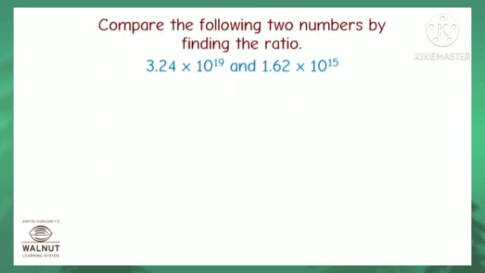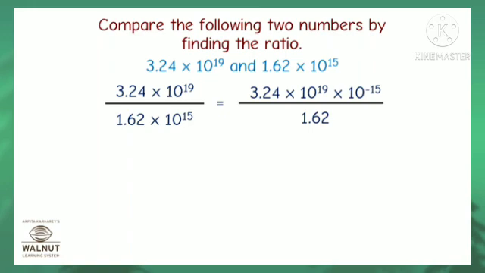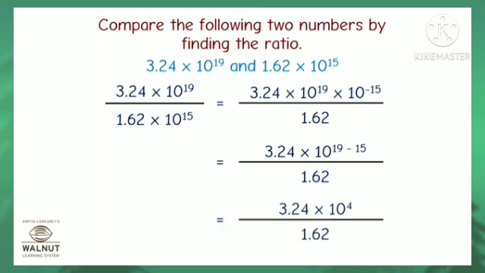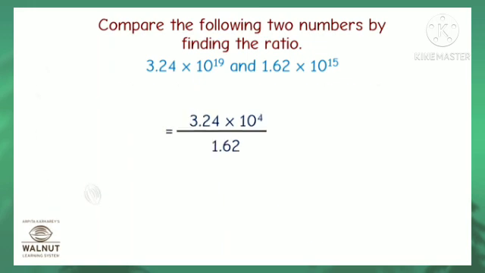Compare the following two numbers by finding the ratio. 3.24 into 10 raised to 19 divided by 1.62 into 10 raised to 15 is equal to 3.24 into 10 raised to 19 into 10 raised to minus 15 upon 1.62, which is equal to 3.24 into 10 raised to 19 minus 15 upon 1.62, which is equal to 3.24 into 10 raised to 4 upon 1.62, which is equal to 2 into 10 raised to 4.